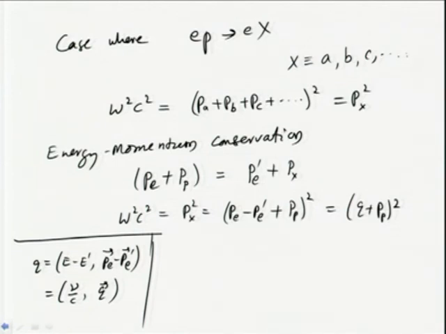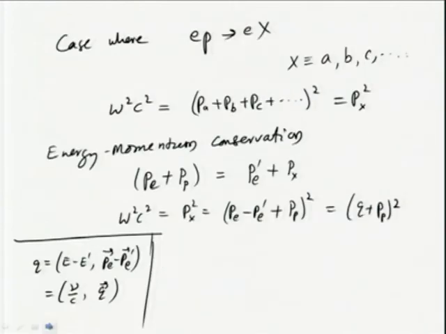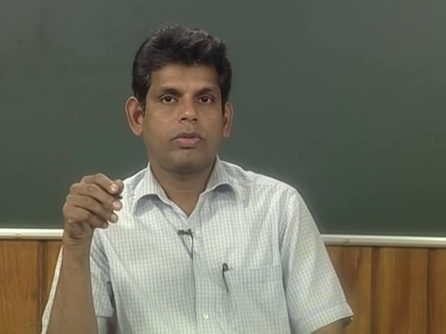which means that let us go back to the earlier case. If you take Pp plus P pi whole square, let us say it is coming from a delta particle. If it is coming from a delta particle, then the mass of the delta particle square should be equal to Pp plus P pi square, right.